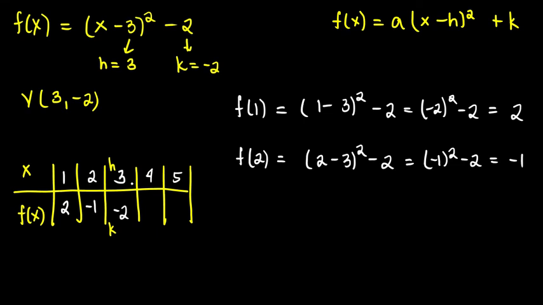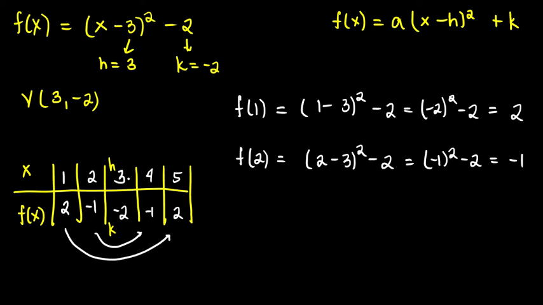Now the reason why we put the vertex at the very middle of the table is so we can reflect the values of f of x from this side to this side. That means the value of f of 4 will also be negative 1, and the value of f of 5 will also be positive 2.